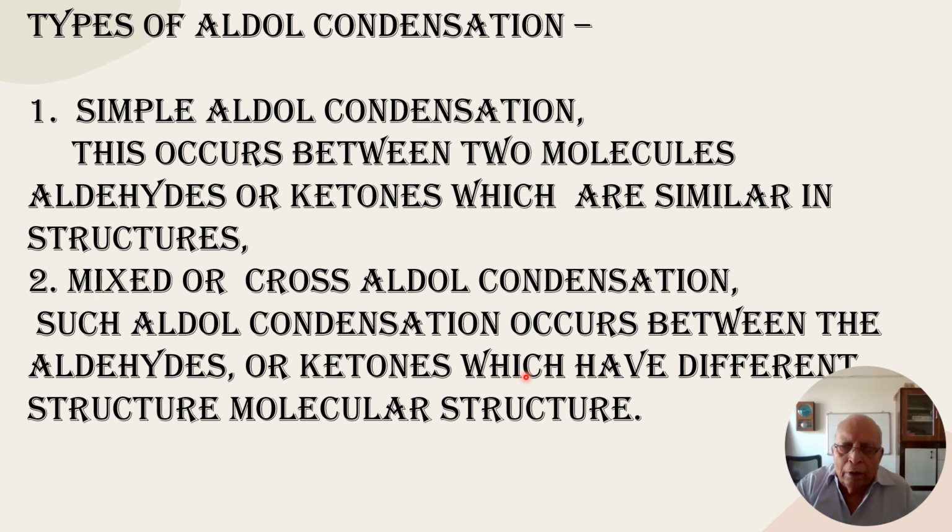So, when they are different in structure, of course, both of them contain alpha hydrogen atom. Then, under certain conditions, mostly alkaline, they undergo aldol condensation, and such a reaction is known as mixed aldol condensation. Okay, then in this video, we take up simple aldol condensation and its examples.